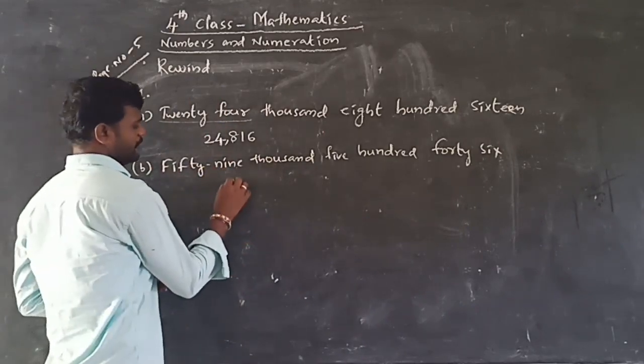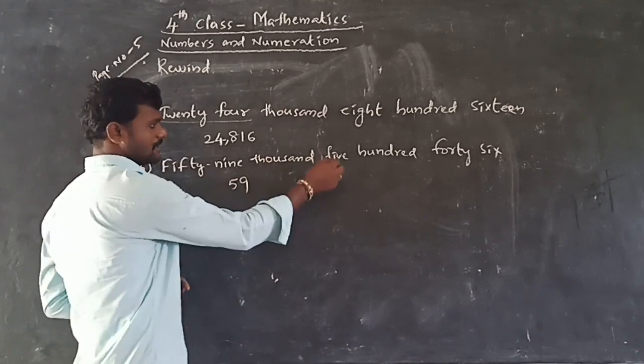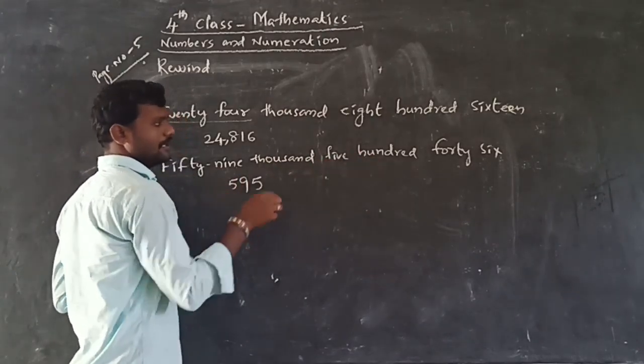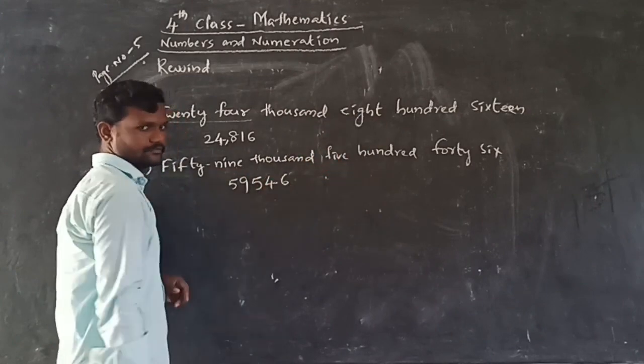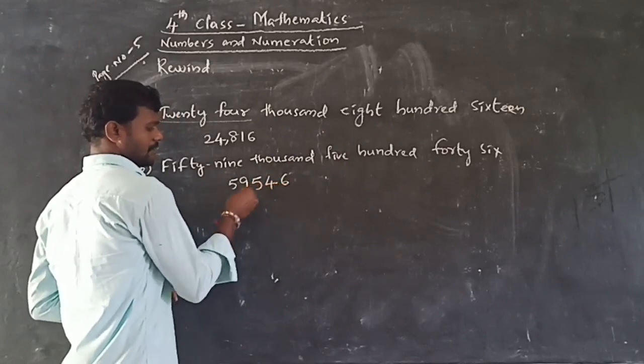So 59 thousands. Next hundreds. What is the hundred given? 500. So 5 hundreds. Next word, 46. Okay. Ones, tens, hundreds. So write a comma here.